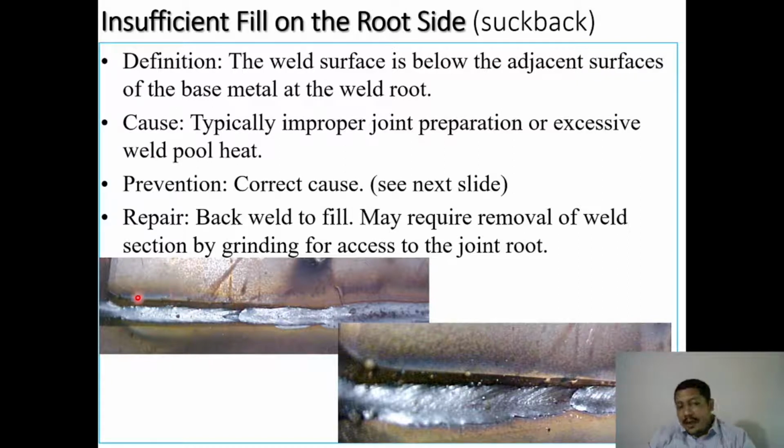Now if you are keeping the plates with an excess root gap, or the joint configuration or the groove configuration is not good enough, then the insufficient fill on the root side will happen. So typically improper joint preparation or excessive weld pool heat is also a reason. Excessive weld pool heat will also cause the material not to get fused and adhered here.